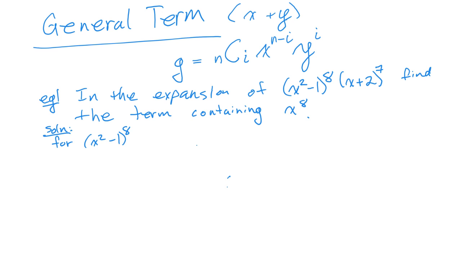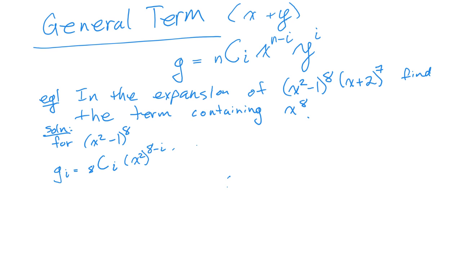For x squared minus 1 to the 8th, the general term is going to look like this. G sub i is equal to 8 choose i. And then what we're going to have is x squared to the n minus i, just like we had up top, but n is actually 8.